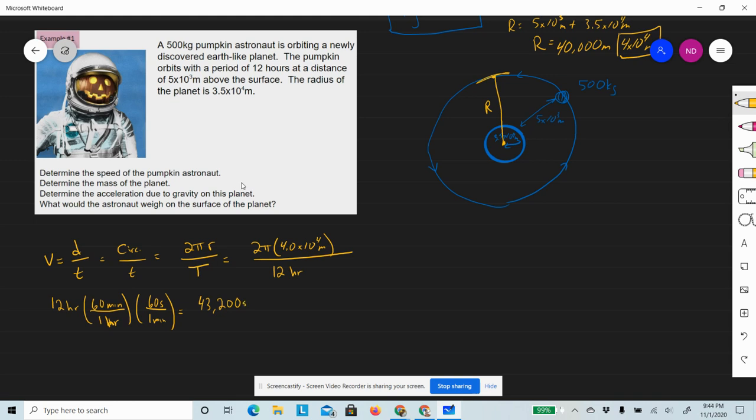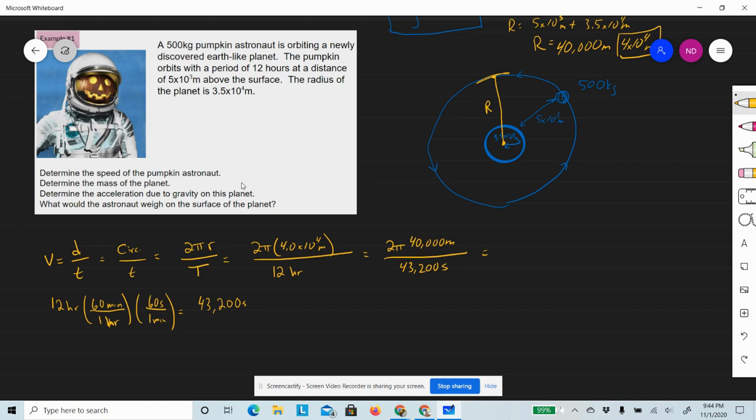So our speed is really 2 pi times 40,000 meters divided by 43,200 seconds. Let's do this arithmetic. 2 pi times 40,000 gives us that number, divided by 43,200 seconds.